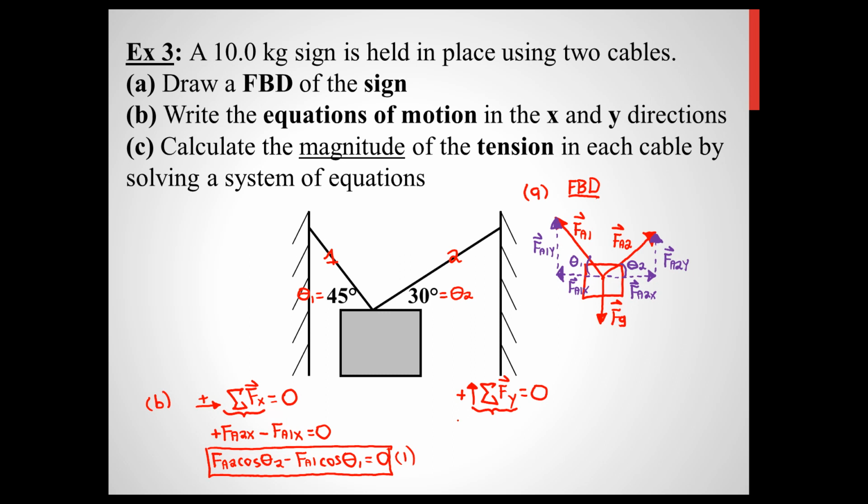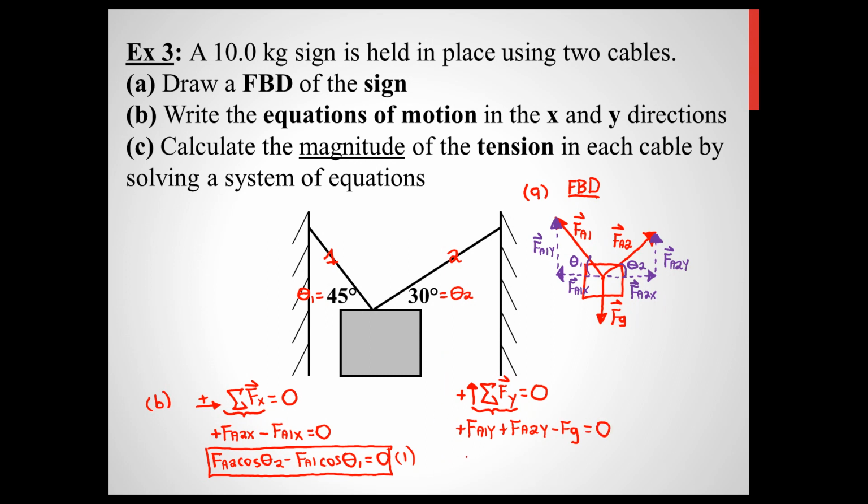So we have 3 forces in the y direction. We have Ft1y, which points up, therefore it's positive. We have Ft2y that also points up, so it's positive. Fg points down, it's negative. And that's equal to 0.